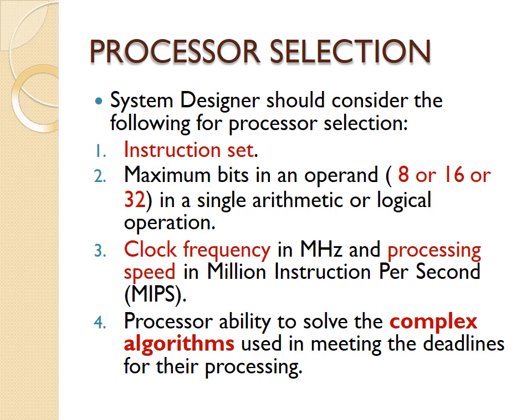As I said earlier, we have to know the configurations and fundamentals of the microprocessor and microcontroller we are choosing. The maximum operand is a single arithmetic or logic operation, the clock frequency gives the processing speed, and for a complex algorithm, the processor should complete that operation within the particular deadline only. So these are the parameters to consider when selecting a processor.